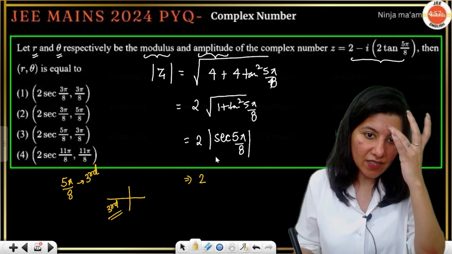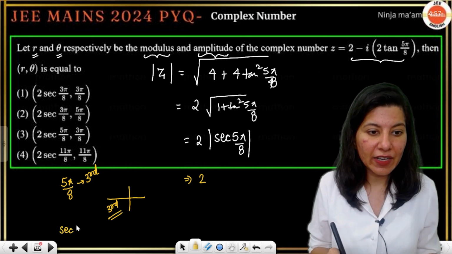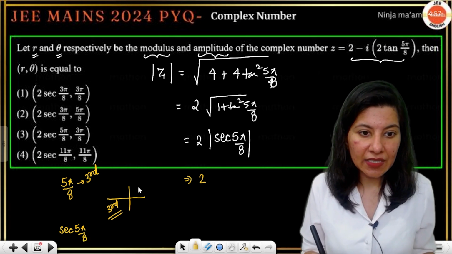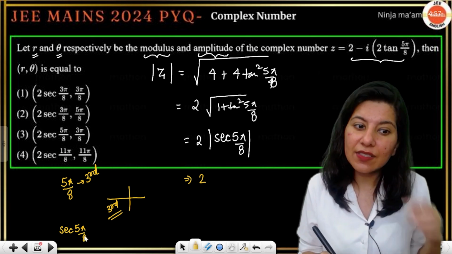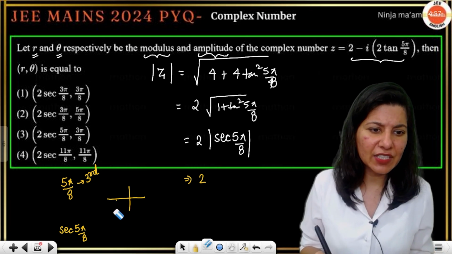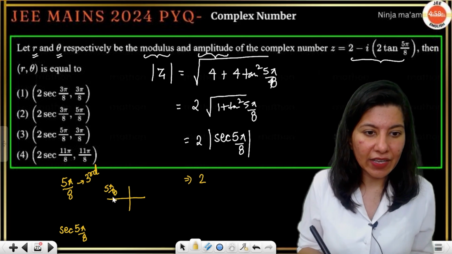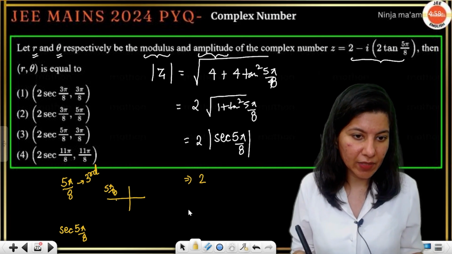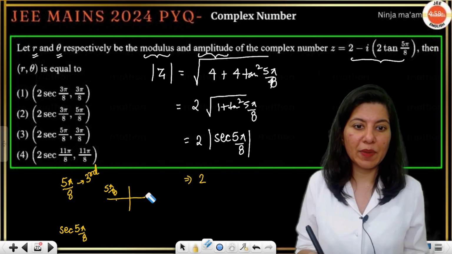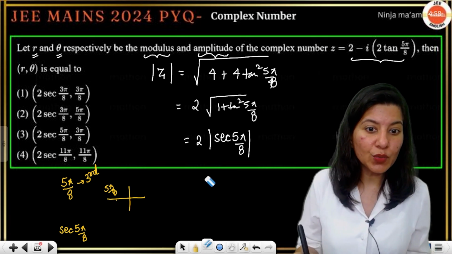So basically, you know that sec 5 pi by 8 we can actually, so this is sec 5 pi by 8. Sorry, this is in second quadrant again, but even if it is in second quadrant, then also it is a negative angle, right? 5 pi by 8. Is it in second quadrant? Yeah, 5 pi by 8. Now we need to make this angle in the first quadrant. How do we do that?